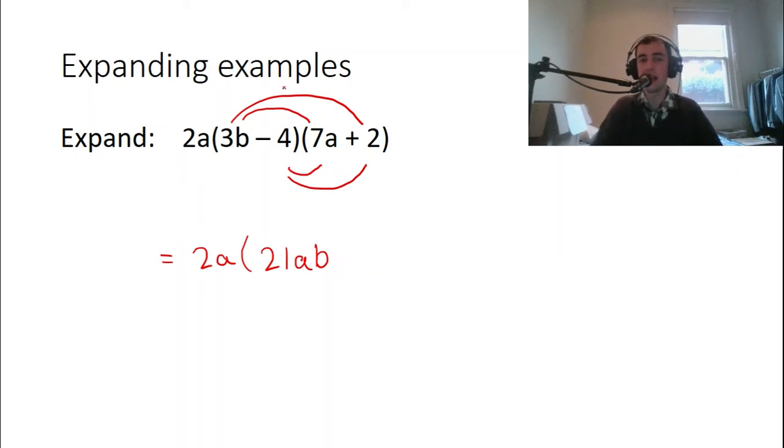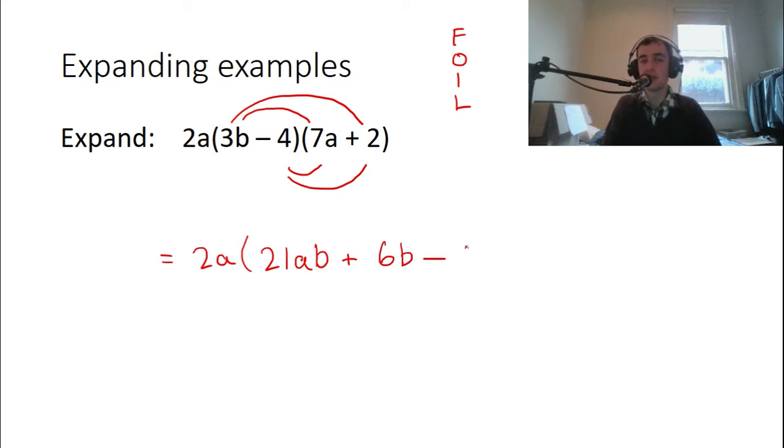Then we have to do the outer. I might just write my little FOIL up here. So I've done first 2 terms, we'll do the outer. So 3b and 2. 3 times 2 is 6. So we've got 6b. The inner ones, because I've got a negative here, I actually have to multiply -4 by 7a.